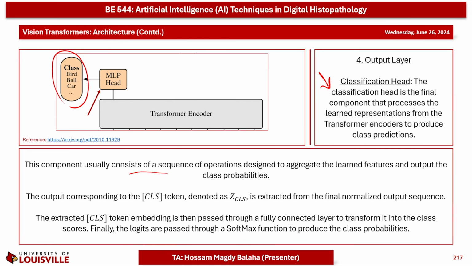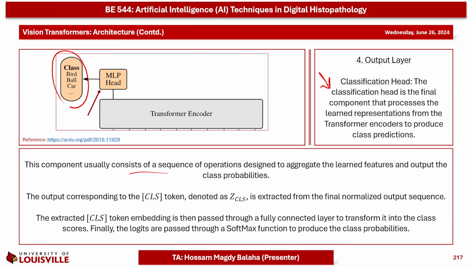Each encoder layer consists of multi-head self-attention mechanisms that work in parallel, followed by feed-forward networks, layer normalization, and residual connections. After the sequence has passed through the transformer encoders, which work sequentially, a final normalization layer is applied to stabilize the outputs.